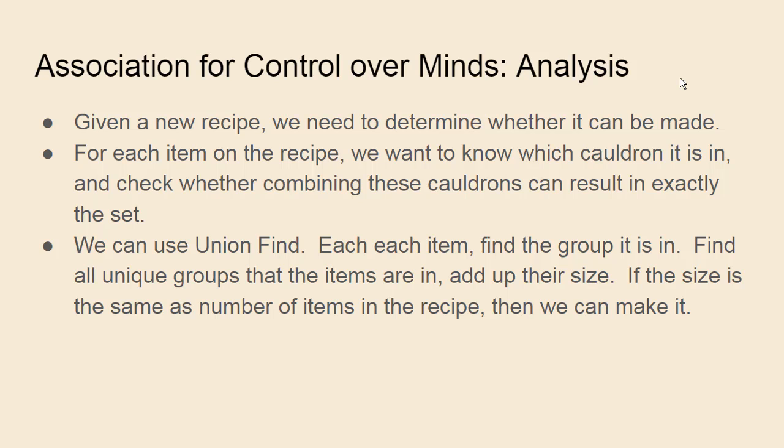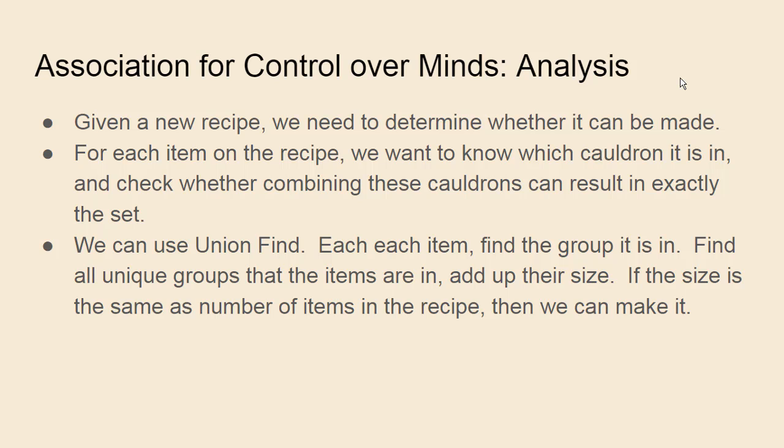So we want to check, if we combine all the cauldrons that the items on the recipe are in and put everything together, does that result in exactly the items in the recipe? If it includes an extra item, then that cannot be done.